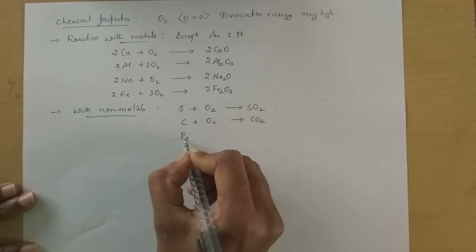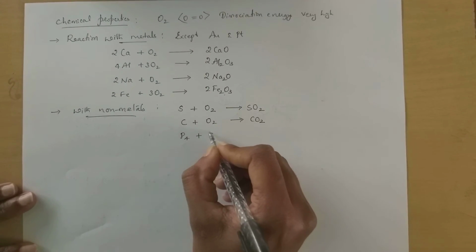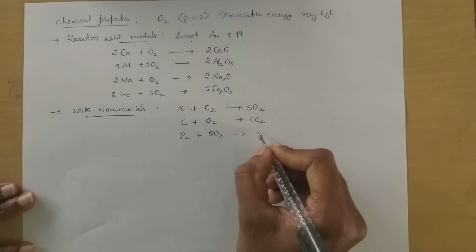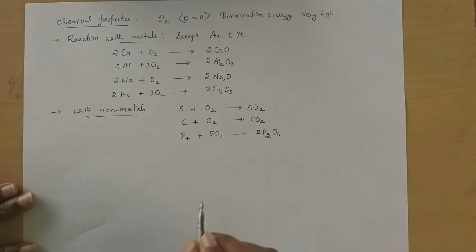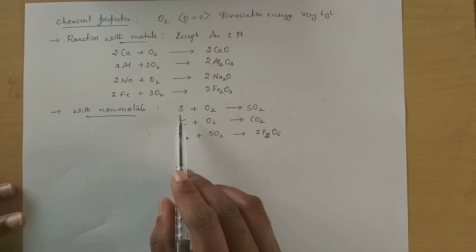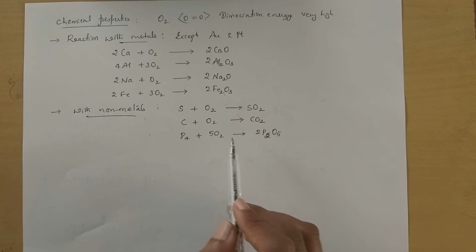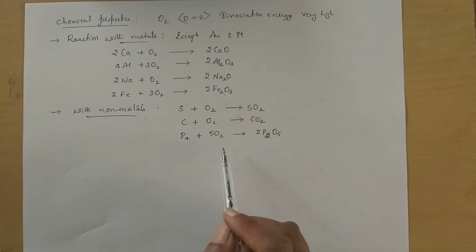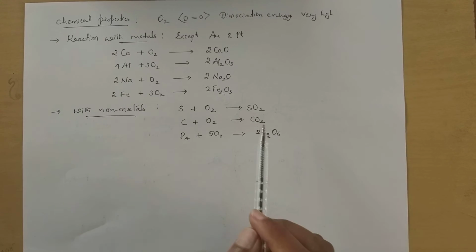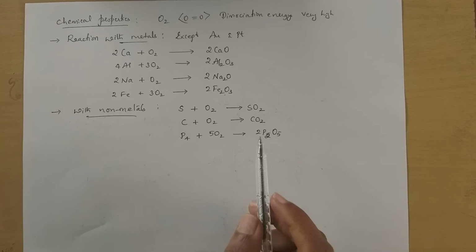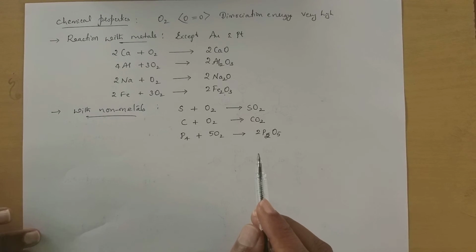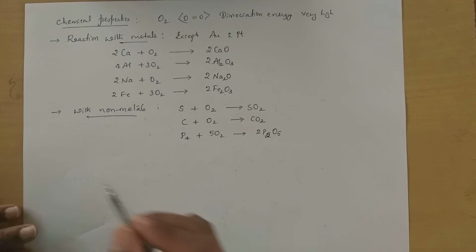Phosphorus, that is P4, reacts with O2 to give phosphorus pentoxide. So sulfur, carbon and phosphorus react with oxygen to form respective oxides: sulfur dioxide, carbon dioxide, phosphorus pentoxide. Like this, non-metals also react with oxygen to form respective oxides.